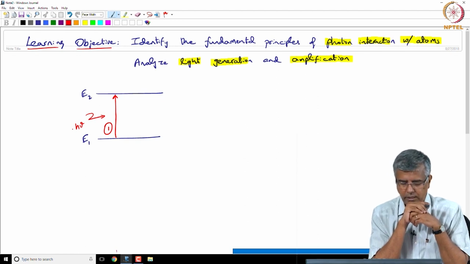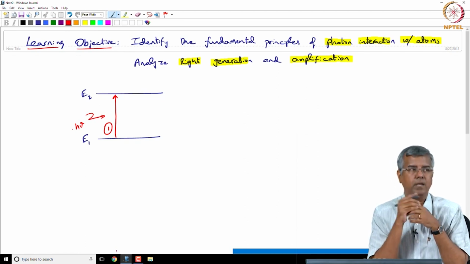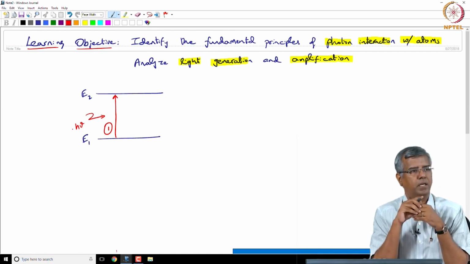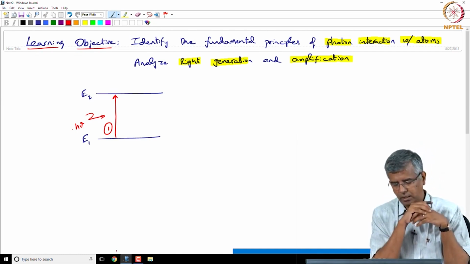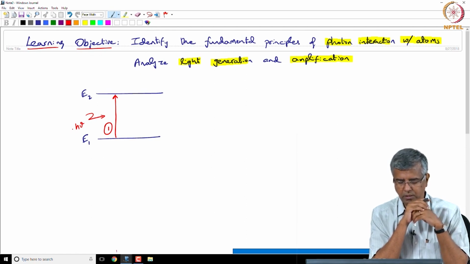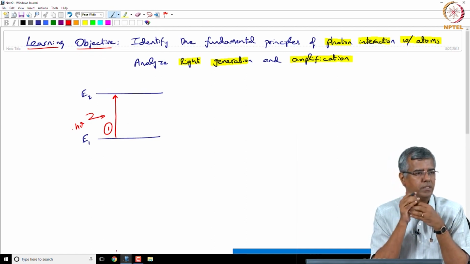Now, that energy cannot stay in E2 forever, because it's one of the higher orbitals. It is what you call a metastable state. So it has to give up its energy.